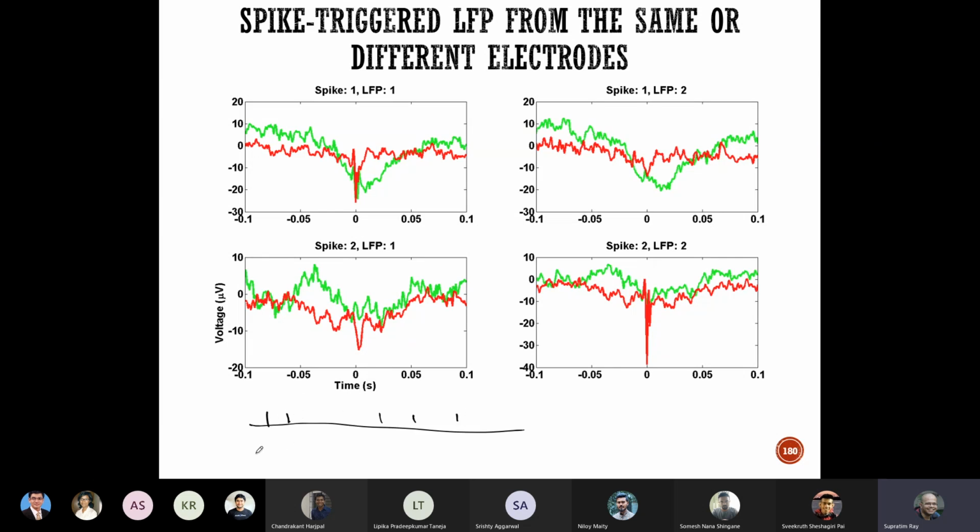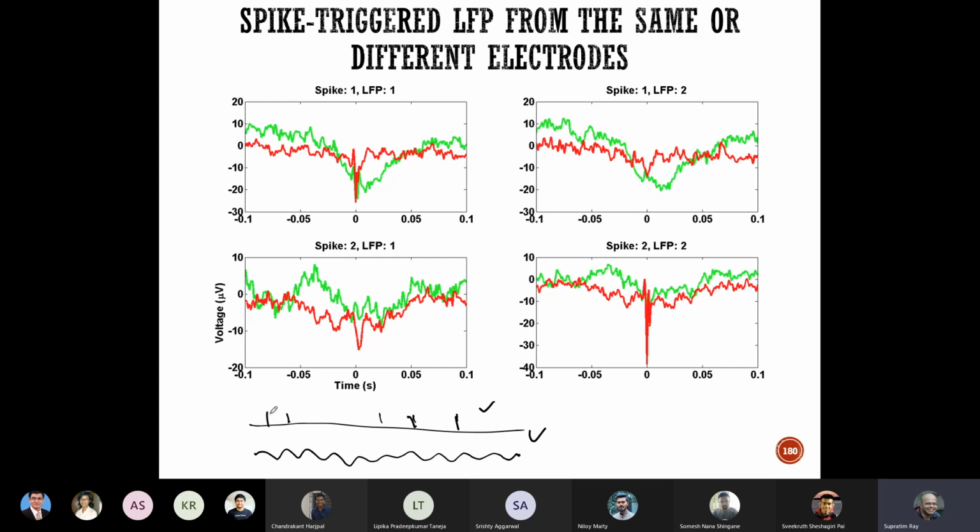So here are your spikes and here's your LFP, and multiplying the cross spectra of these is equivalent to taking the convolution of this with that, and that convolution is actually going to be comparable to taking the STLFP, because convolution with a delta function by the shifting theorem essentially just takes the LFP segment around that spike.